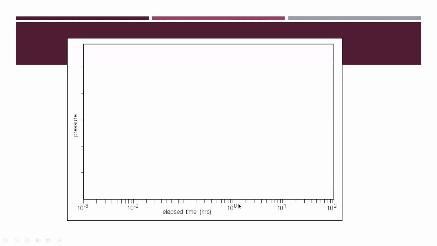The final conclusion for the semi-log process is that we have 4 scenarios that we anticipate seeing. You will face one of them, but you will not see all of them, of course. The first is the ideal response. If you have no wellbore storage and no skin, the pressure response on a semi-log plot, either for drawdown or buildup, has to be the same as you see.